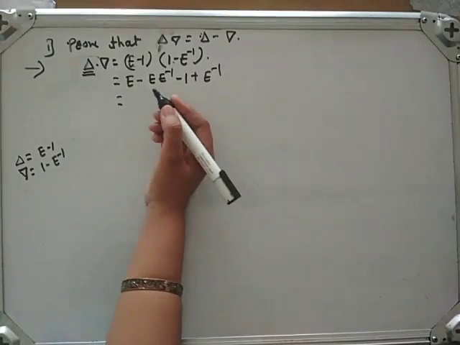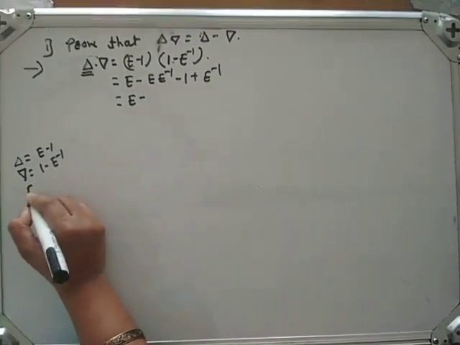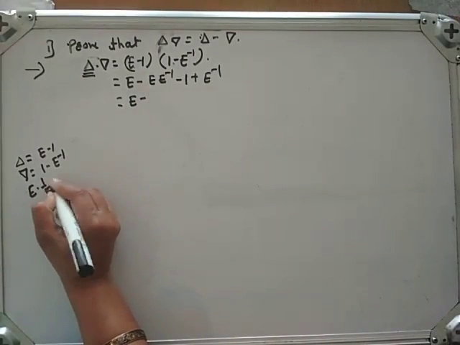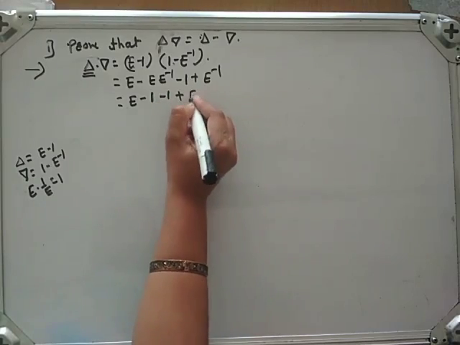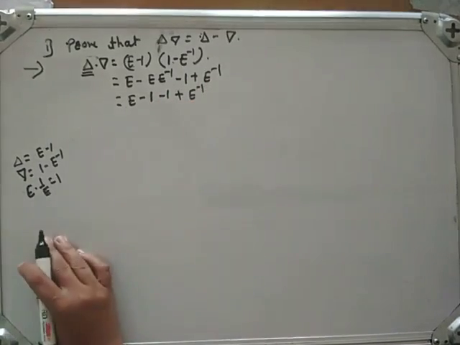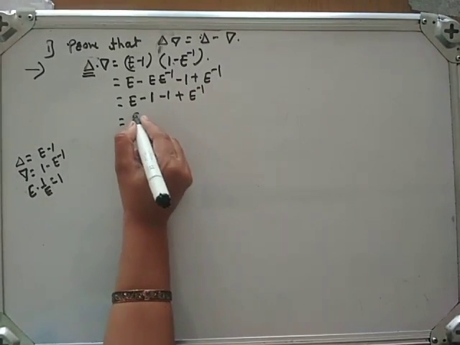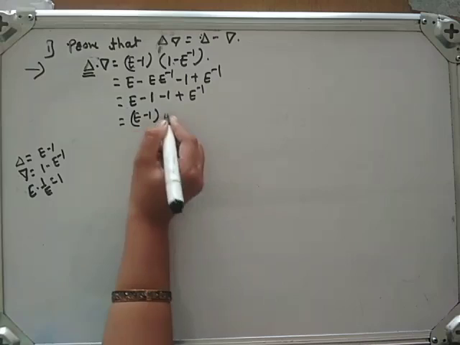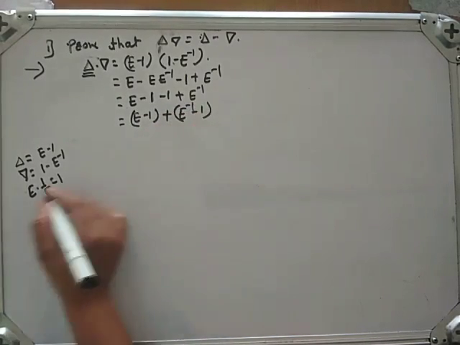Okay, which is equals to E minus E into 1 upon E, obviously 1, minus 1 plus E inverse, okay, which is equals to, take E minus 1 in one bracket plus E inverse minus 1 in another bracket.